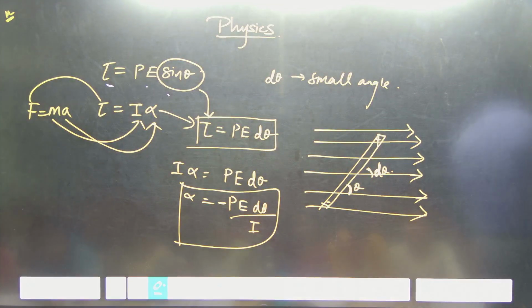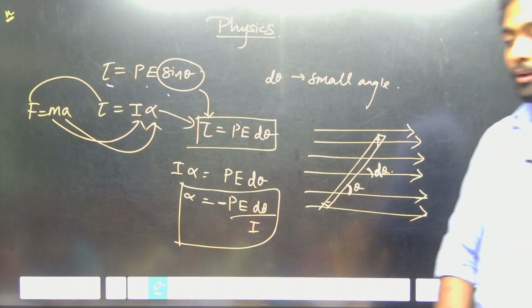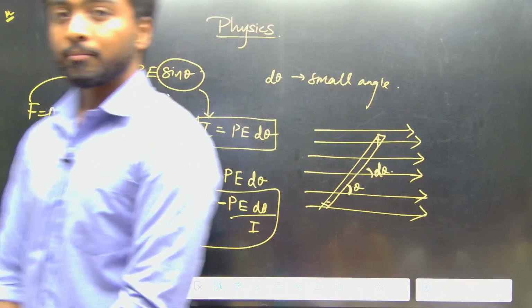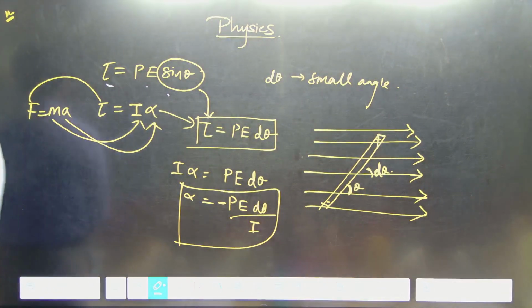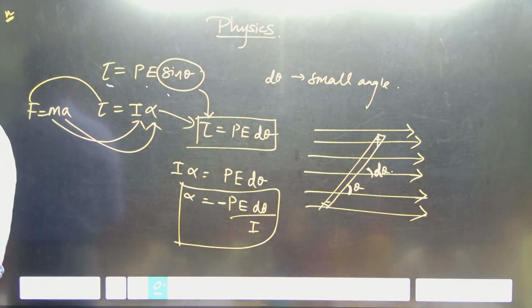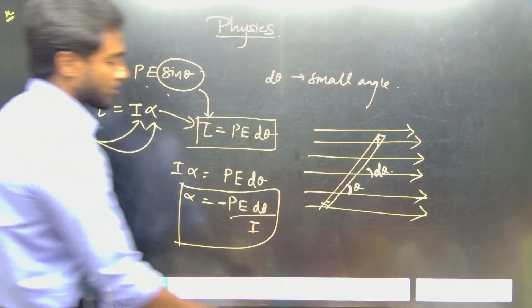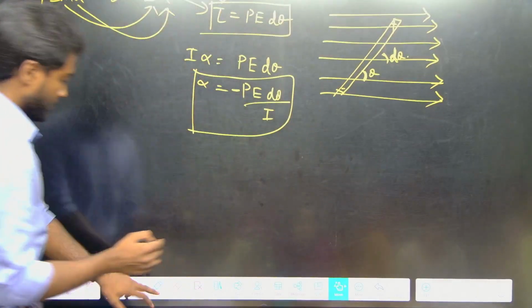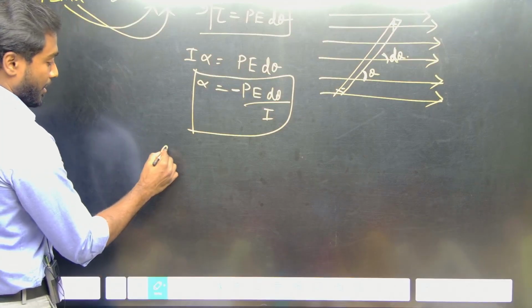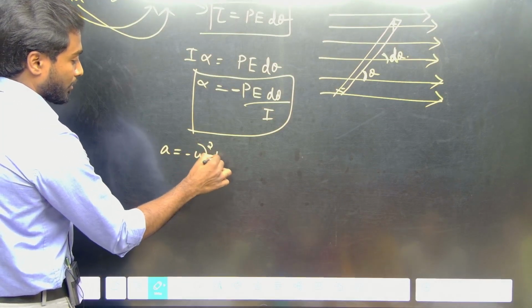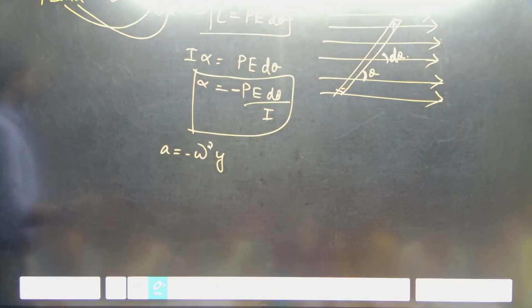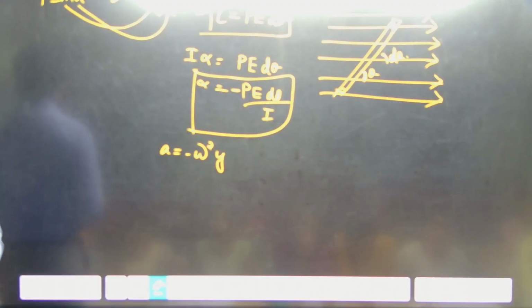What is the relation between acceleration, angular frequency and displacement? A is equal to minus omega square y, where A is acceleration, omega is angular frequency and y is displacement.